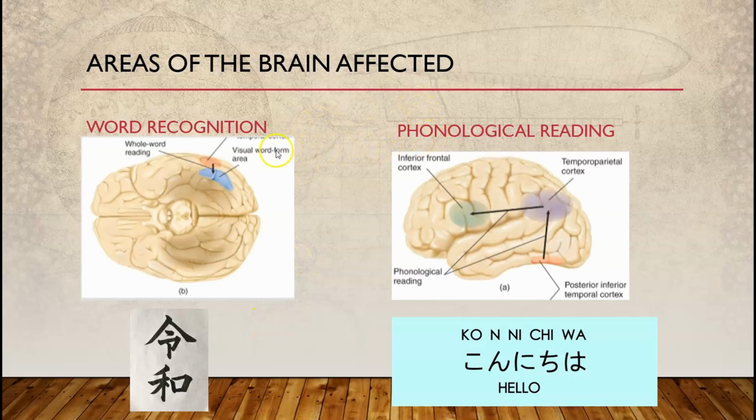And for phonological reading, like sounding it out, if you have damage in between the areas of the inferior frontal cortex or in the temporal parietal cortex, as well as the area between that and the posterior inferior temporal cortex, you would have trouble sounding out new words.